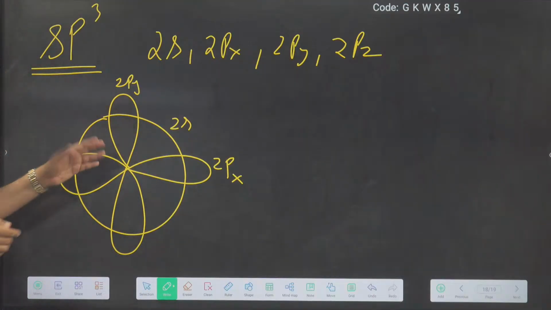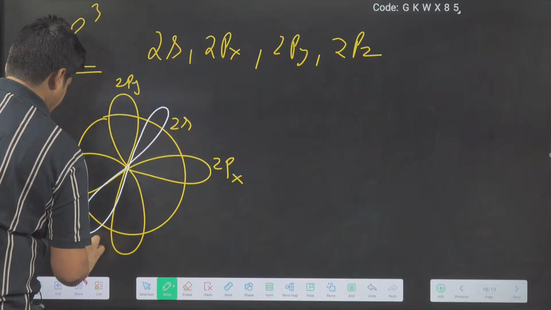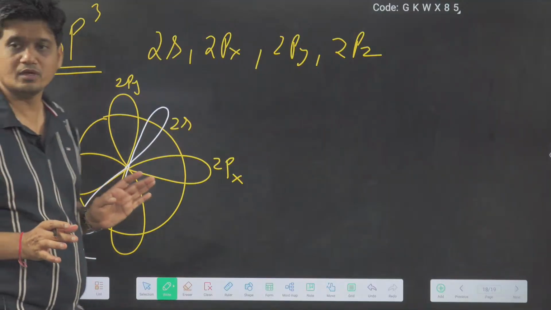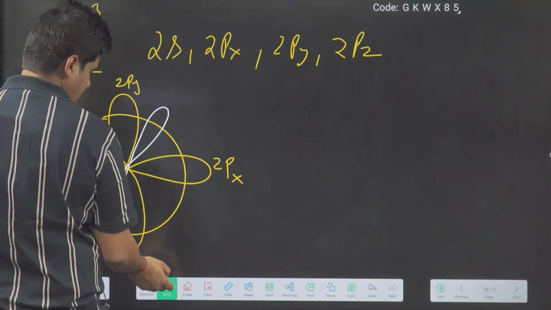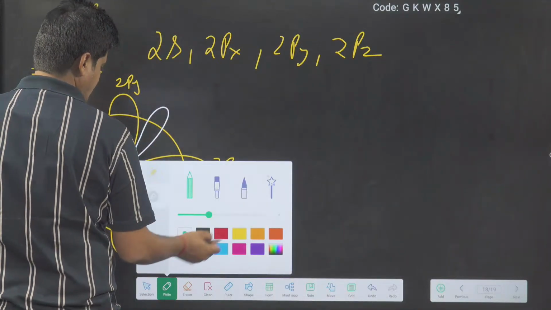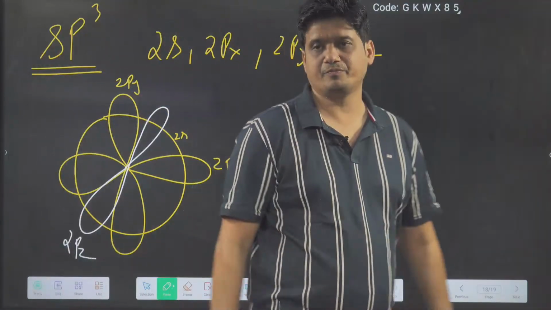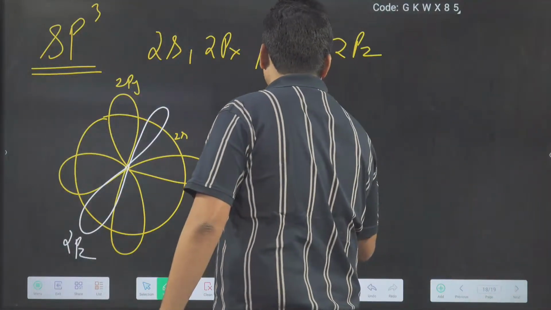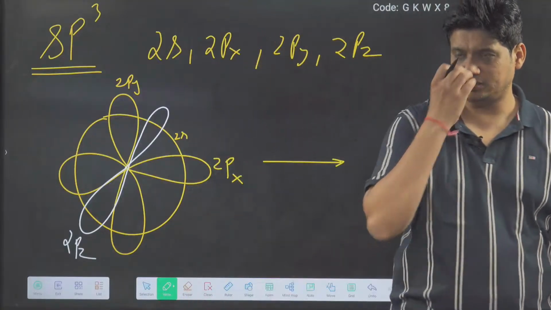It is 2D board, so I can represent. So I am representing this as 2pz. It is perpendicular actually. So here 2s orbital, 2px, 2py and 2pz are taken. So 3 atomic orbitals are taken. Now they are going for intermixing and they will give hybrid orbitals.